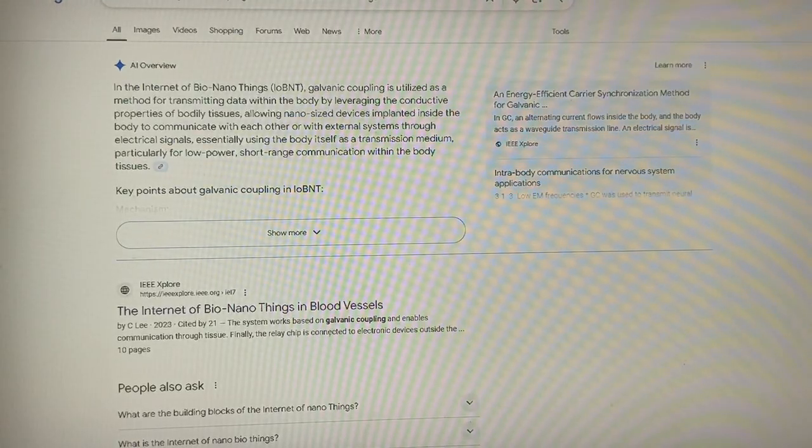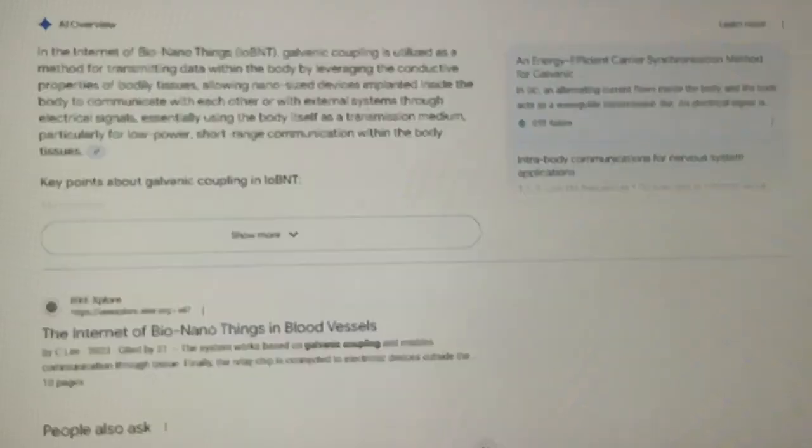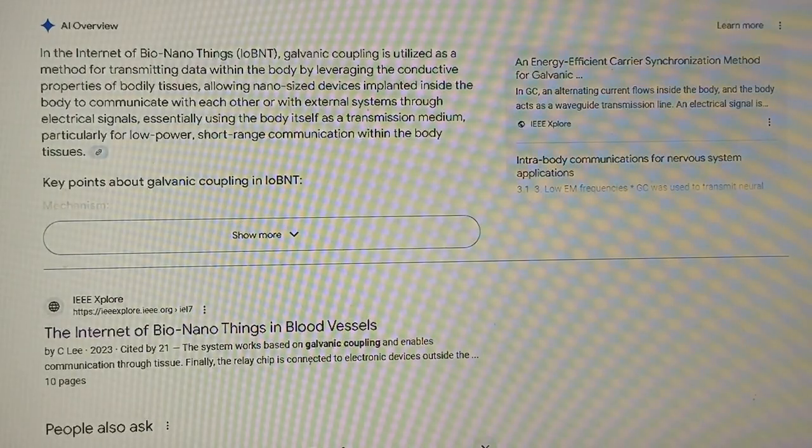In the Internet of Bio-Nano Things, galvanic coupling is utilized as a method for transmitting data within the body by leveraging the conductive properties of bodily tissues, allowing nano-sized devices implanted inside the body to communicate with each other or with external systems through electrical signals.